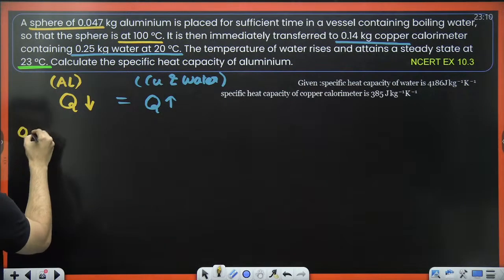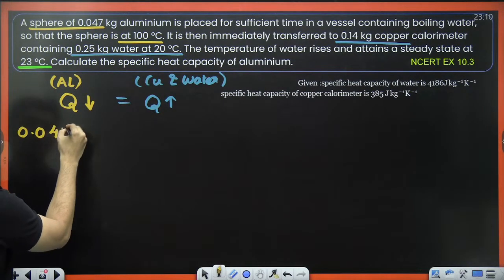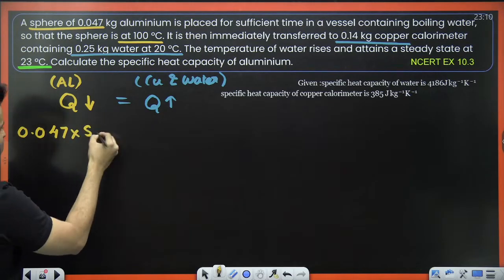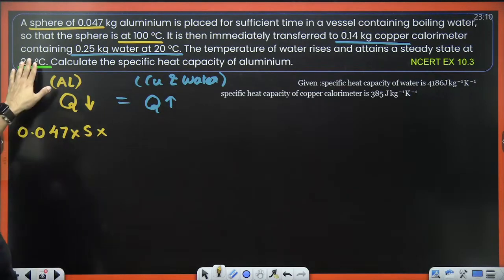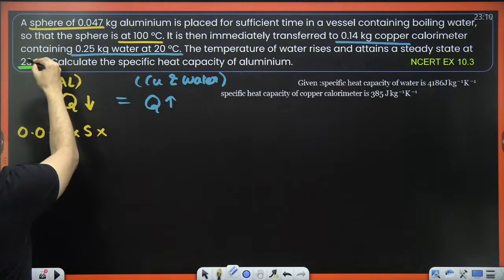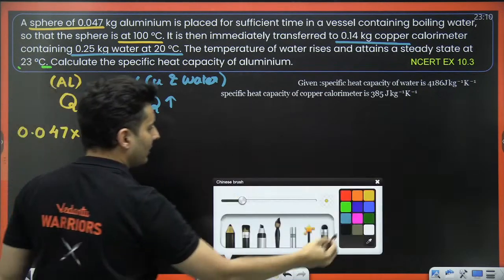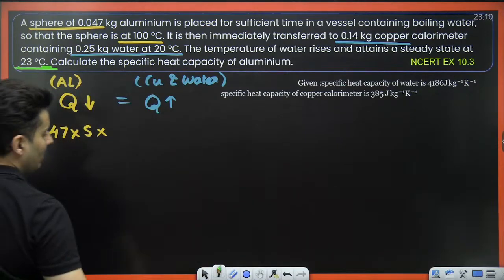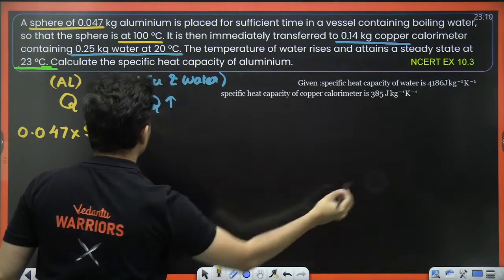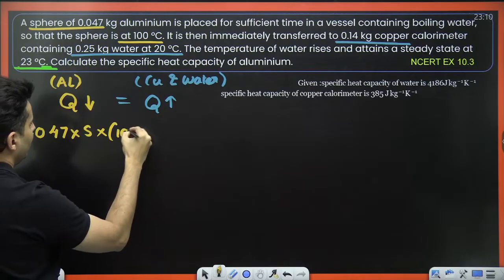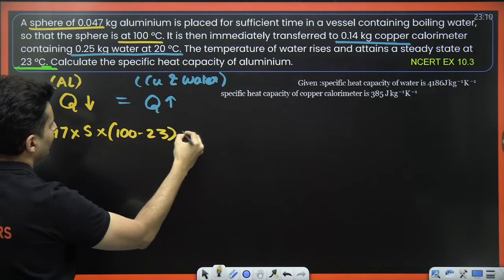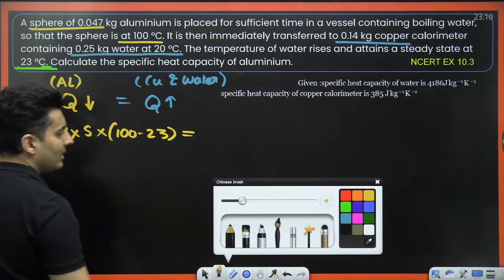Mass 0.047. Specific heat capacity only I don't know. Delta T from 100 to 23. From 100 it has come to 23. Look at this. This 23 is the equilibrium temperature. So my dear warriors, what is the change? 100 minus 23. Isn't that right? That is the left hand side.